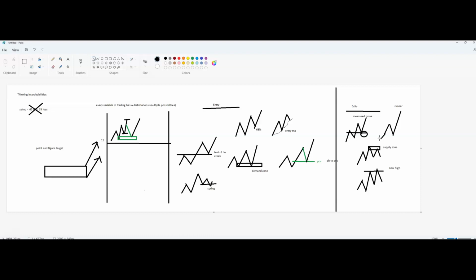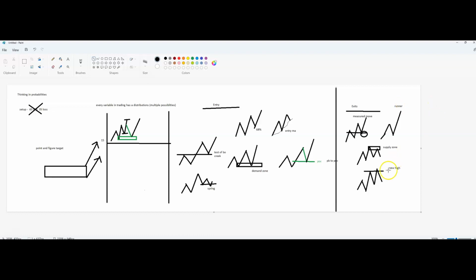For example, you may trade a spring and the test of the breakout, or you may trade the demand zone and the POC, or you may trade a stock trader looking for momentum. It's going to be all over that moving average and key reversal, or some other stock traders will be all about that 68%. So you might have Forex traders that use 68% in the demand zone or whatever. But basically you specialize in one or two entries.